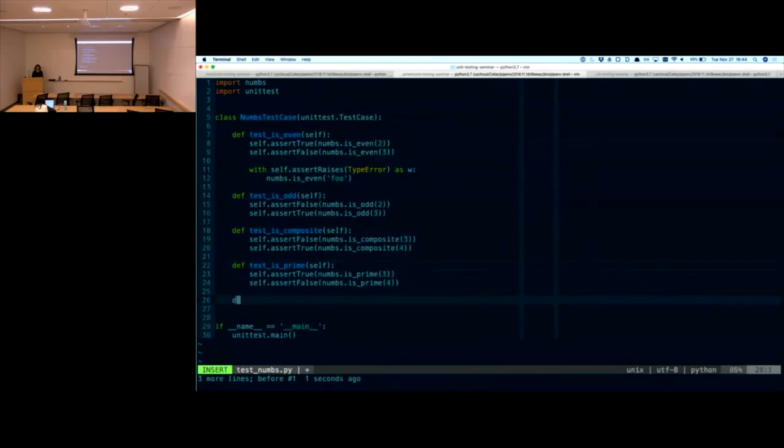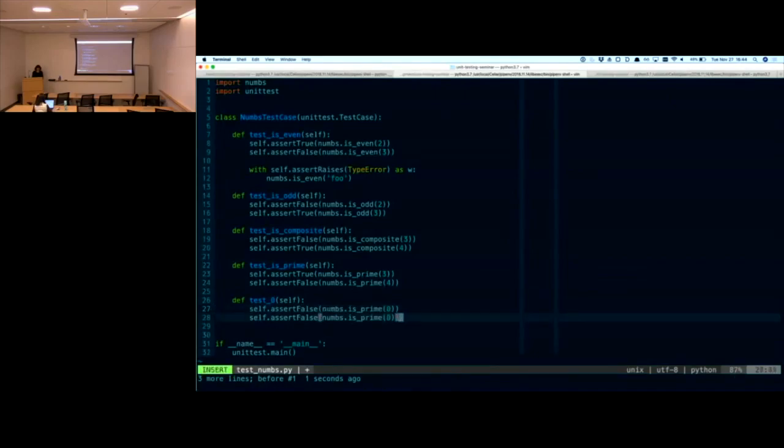If I add cases, I'm going to make sure that for both of these cases, zero and 1 are neither composite nor prime.